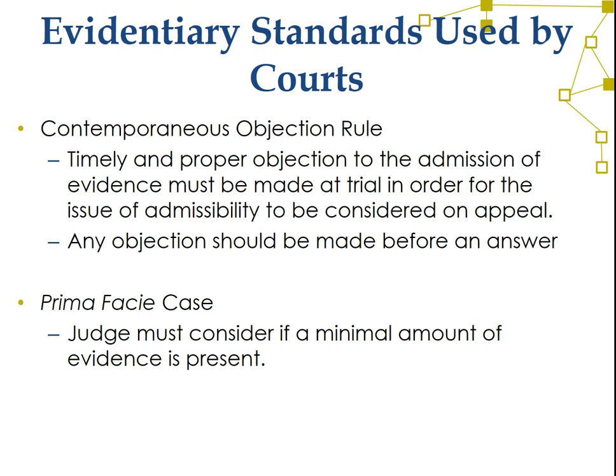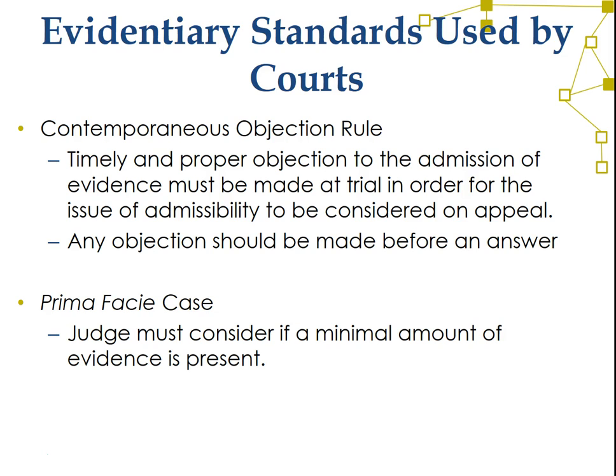The first step in the review process is triggered when opposing counsel makes an objection. For some issues, such as whether a police search was legal, this is done by filing a motion with the court before trial.